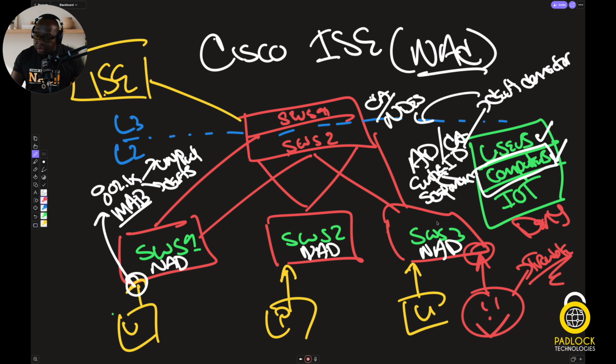So, from a design standpoint, you have a couple of deployments that you can deploy when you're putting out ISE. It really depends on this thing called concurrent sessions. I always get that messed up. What that means is how many concurrent sessions you're going to have hitting ISE at one time.